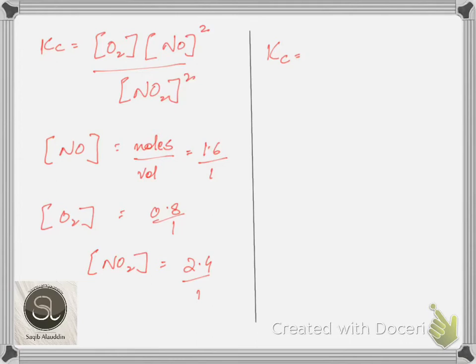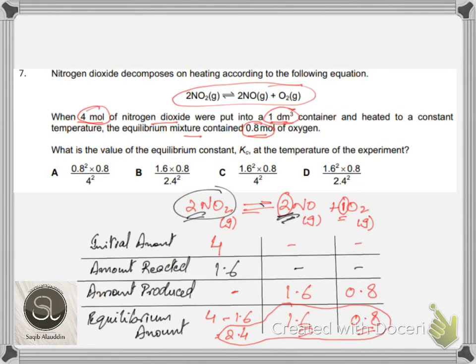So simply, concentration of NO squared into concentration of O2 divided by concentration of NO2 squared. So that's the expression of Kc. You can see which option is correct. The only correct option is option number D: 1.6 squared into 0.8 divided by 2.4 squared.